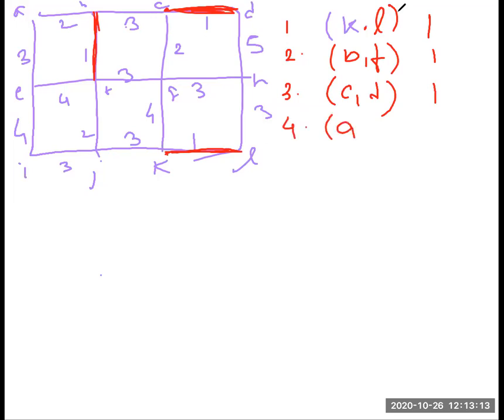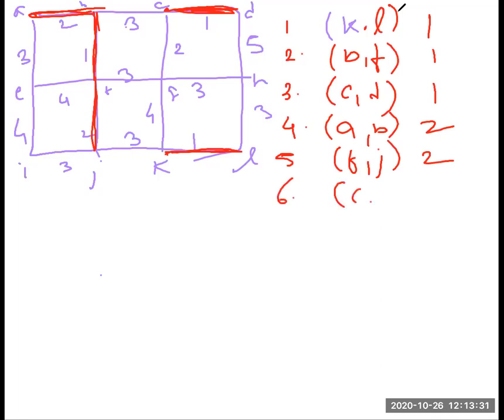Let's say we select A to B, the weight is 2. Then we select, let's say, F to J, and check whether it forms a circuit. As long as it doesn't form a circuit, you can straight away add it. Also check the edge C to G, whether it forms a circuit. No, so you can add it.